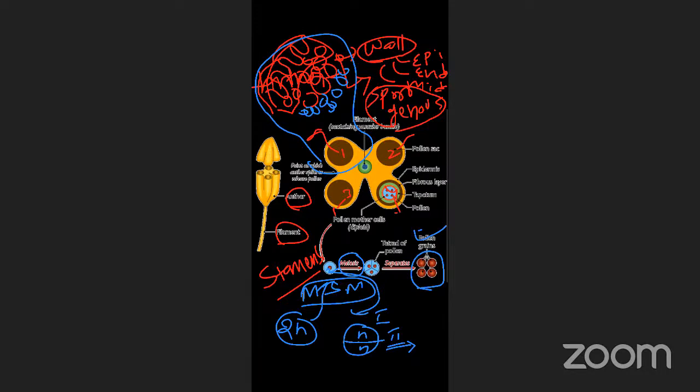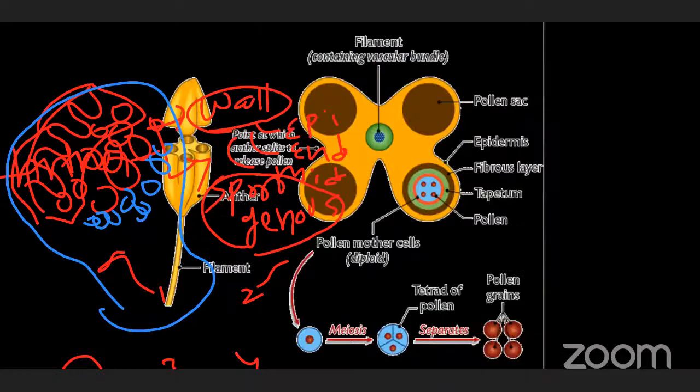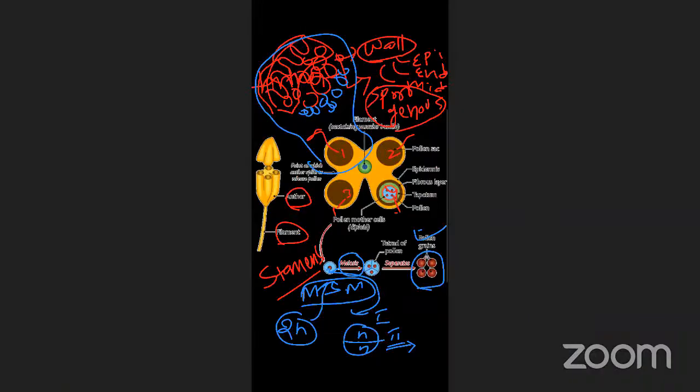What is mitotic and what is meiosis here? In the mitotic division, the chromosome number neither decreases nor increases. In meiotic division, after division, the chromosome number is reduced. That's why here the microspore mother cell, 2n, after meiotic division, two haploid cells are formed.